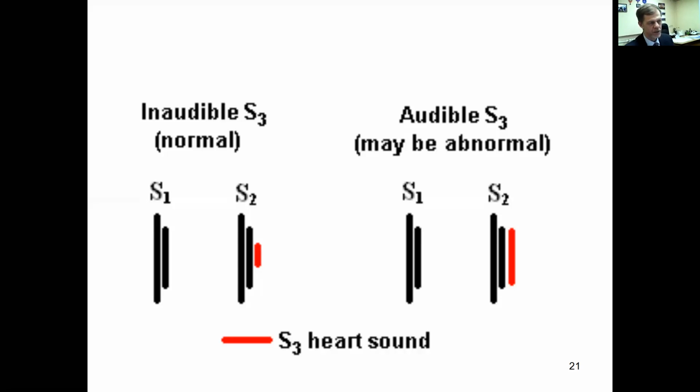And it's understandable, as I told you, with volume overload, when a bigger volume of blood than normal fills the ventricle, this big volume beats the wall of the ventricle, which vibrates and creates sounds, and we can hear this sound as S3, the audible S3. Again, in young adults and children it may be normal. In elderly people, it tells us about overload with volume. Too much blood enters the ventricle.